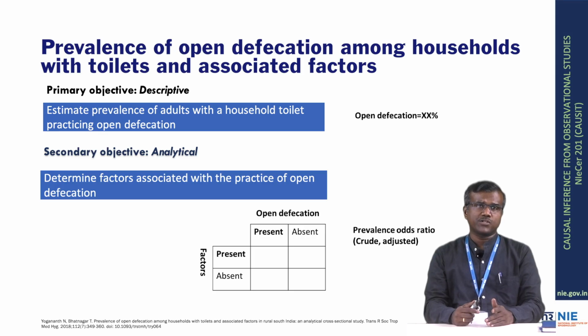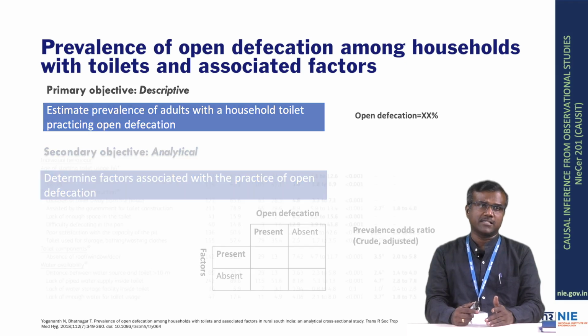The analytical approach examined and evaluated a set of risk factors using a systematic approach of calculating crude odds ratio followed by adjusted odds ratio, and they also used a conceptual framework based on directed acyclic graphs. You may refer to the paper for methodological details for this analytical cross-sectional study.